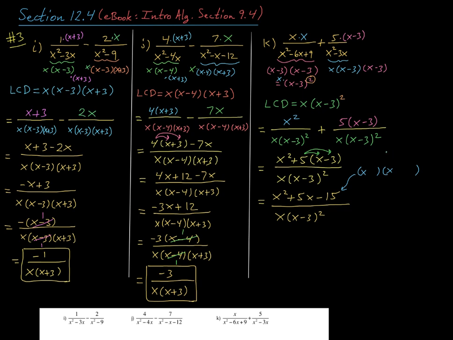So it could be 1 and 15 or 3 and 5. But if you think about this for the moment, no matter whether I choose 1 and 15 or 3 and 5, I'm never going to be able to construct this middle term of 5x. So in fact, this numerator does not factor, so we are done.